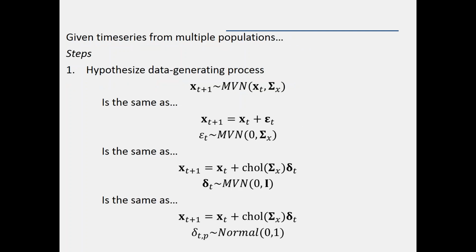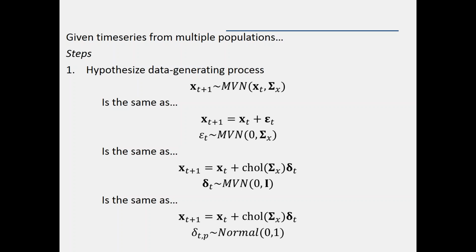So like we worked through before, if we've got this first line, partly I want to explain this because when you write a paper, you probably want to use different notation than when you actually code your model. So it's useful to understand the different parameterizations that result in the same model. If you were writing a paper, you probably want to use the top line, because I think that's most informative about the data generating process.